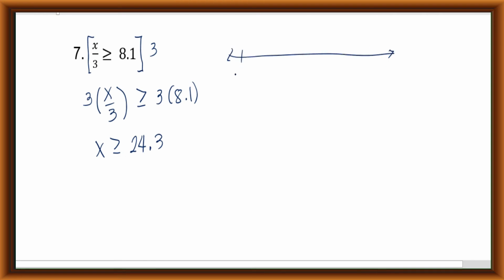Alright, so in our number line, let's have 24, then we have 25, 26, 27, and 28. So since we have here x is greater than or equal to 24.3, 24.3 is somewhere here, right?